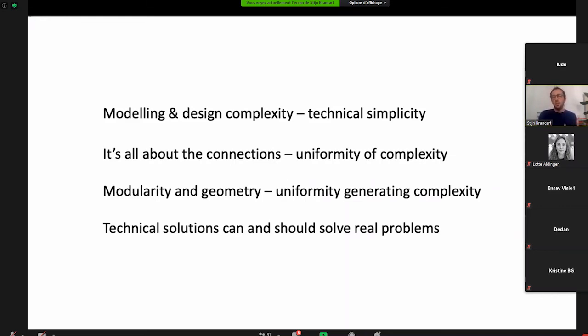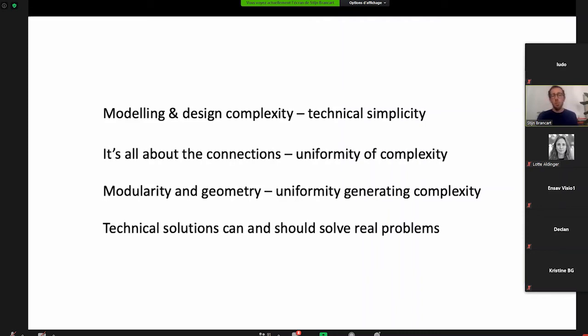We realized that we're putting a lot of complexity in the first phases of modeling and design. We really need to think about geometry, but also if you want to make a structure that is complex in shape, but still uniform in dimensions of components, but also using this material behavior in the modeling process complicates it there, but can really result in something that is then technically very easy to produce.